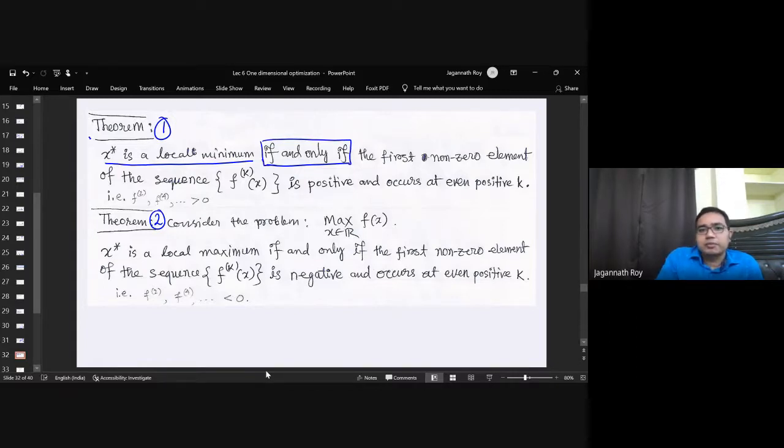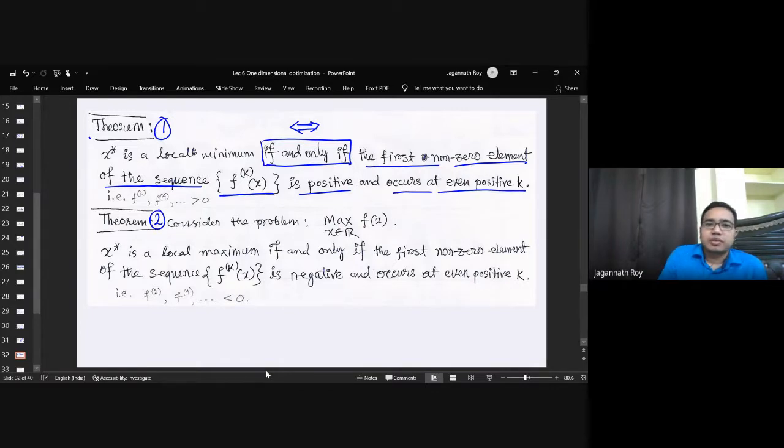If and only if means that if we assume this, we can prove this one, or if we assume this one, we can prove this one. So what does it say? The first non-zero element of the sequence of derivatives is positive and occurs at even positive k. What is the meaning of that?